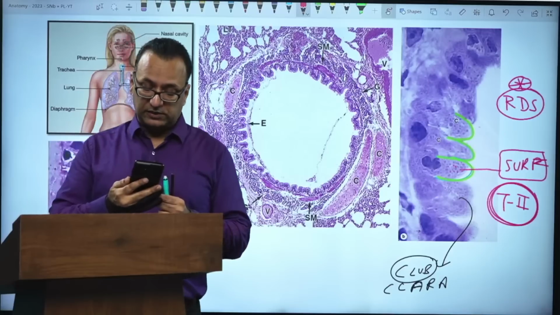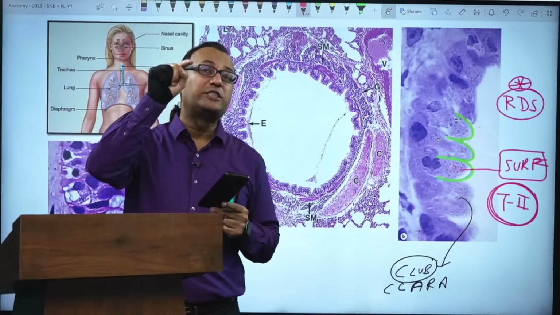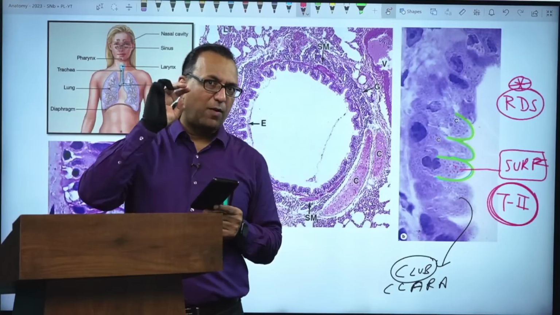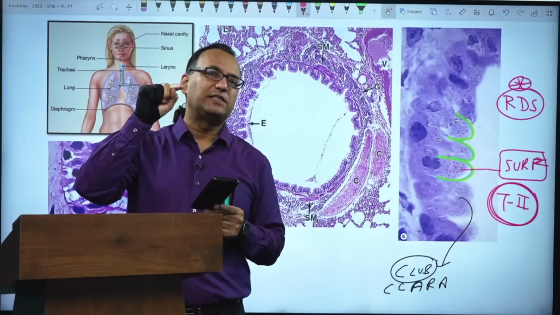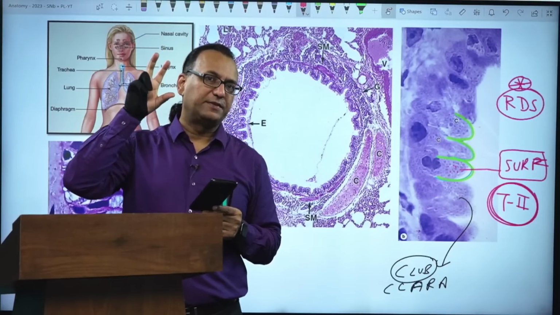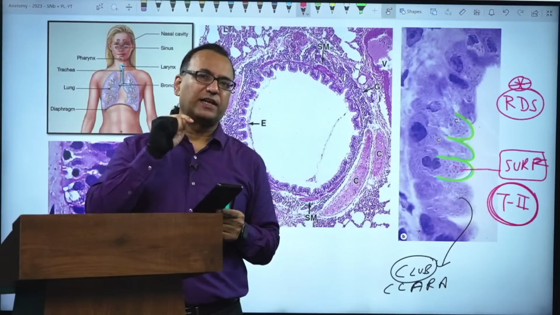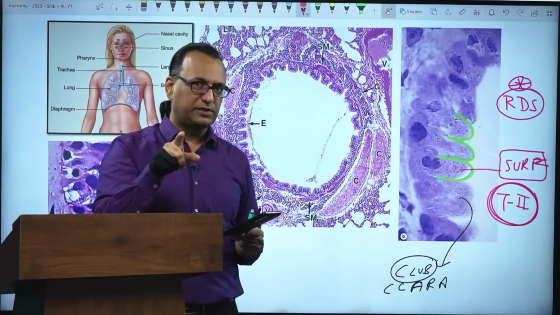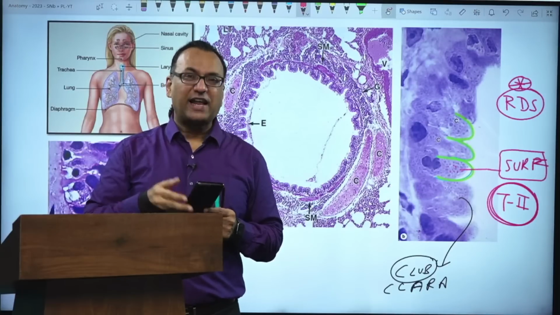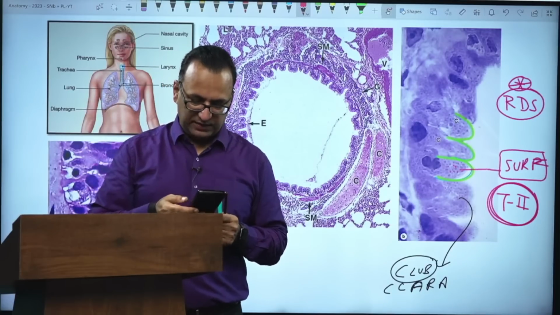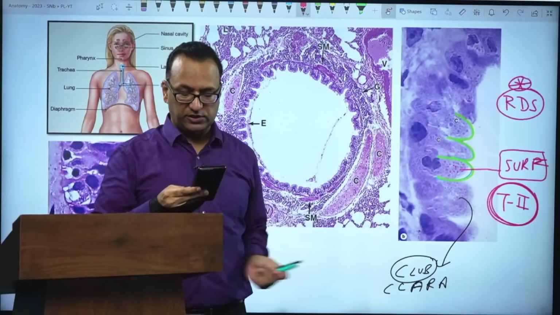Now, yes, that is correct. Serotonin secretion is the Kulchitsky cell. If you talk about serotonin secretion, that will be the Kulchitsky cell, the neuroendocrine cell. They will give you serotonin. Stem cells are different actually, but it can work as a stem cell. I agree. There is no doubt. Clara clear air, yes, I agree. Structural support, you have the other epithelial cells for structural support.